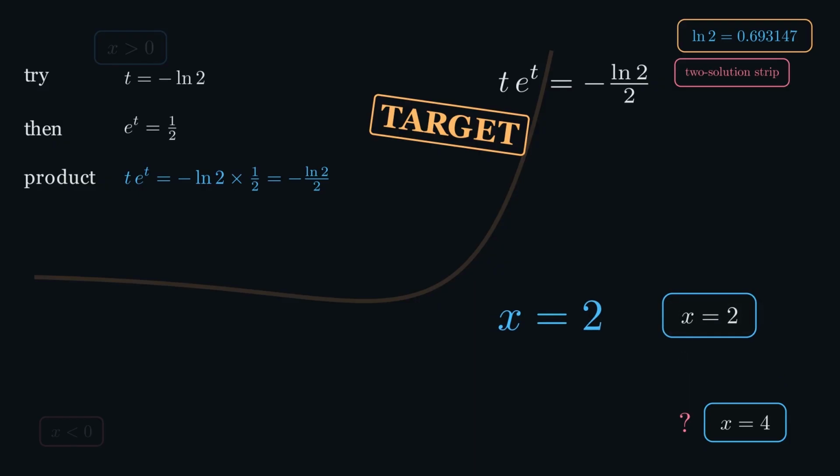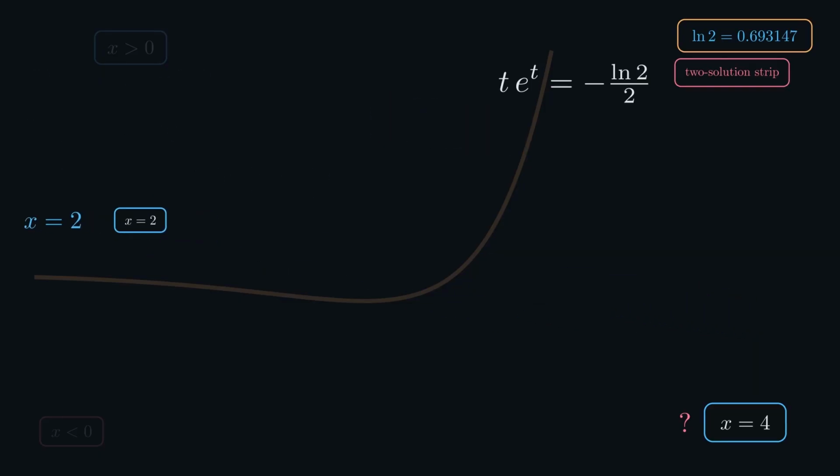But that's one branch. The lower branch is still out there, some t below -1. Same question. Can e to the t be something we own exactly? If 1/2 worked, what about 1/4? E to the t equals 1/4 when t equals -2 natural log of 2. Test it.